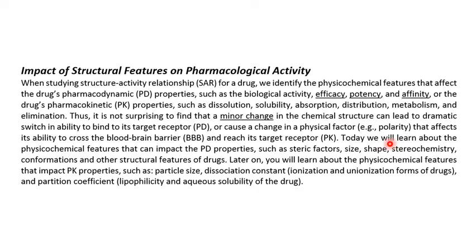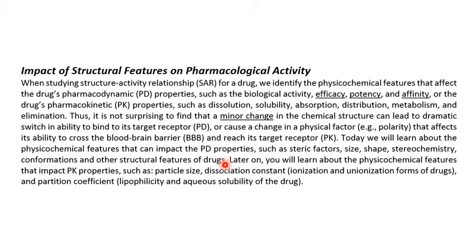In the rest of today's lecture, we will learn about the physicochemical features that can affect the pharmacodynamic properties, such as steric factors, size, shape, stereochemistry, and conformational change, and other structural features.